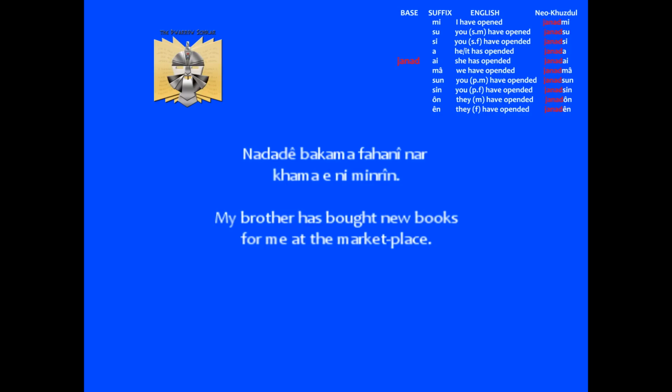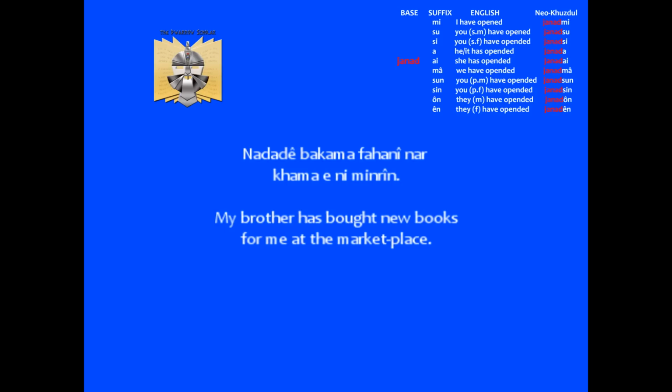If we know that ma attached to the end of a word means our, and ma separately means us, then we can draw an easy parallel, being e attached to a word means my, while e separately with a shortened vowel this time means me. So fahani nar is another prime example of the Khuzdul noun adjective word order. Books new, it means literally.